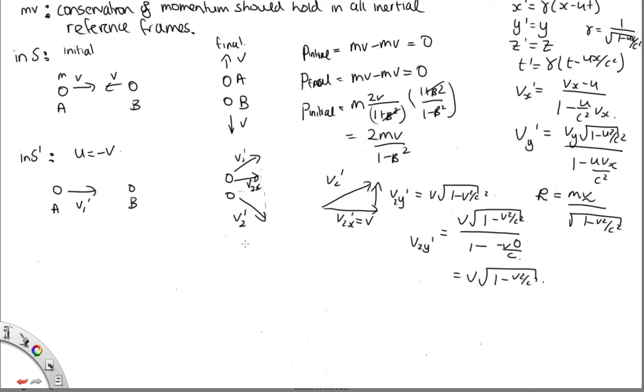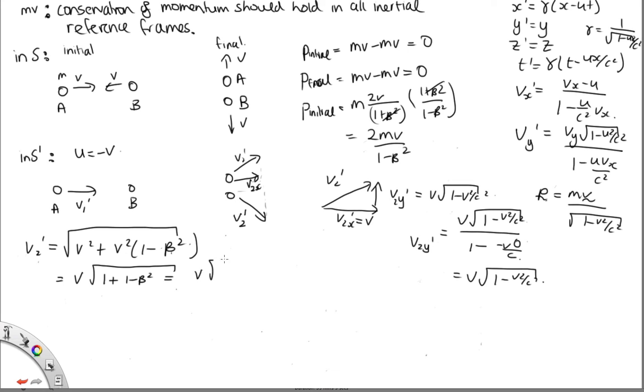So this is equal to v root 1 minus v squared on c squared. So from Pythagoras, we can see that v2 prime is going to be equal to the square root of v squared plus v squared times 1 minus v squared on c squared, which we were writing v on c as beta, so let's write this as minus beta squared. So this will be equal to v outside the square root of 1 plus 1 minus beta squared, which is v root 2 minus beta squared.